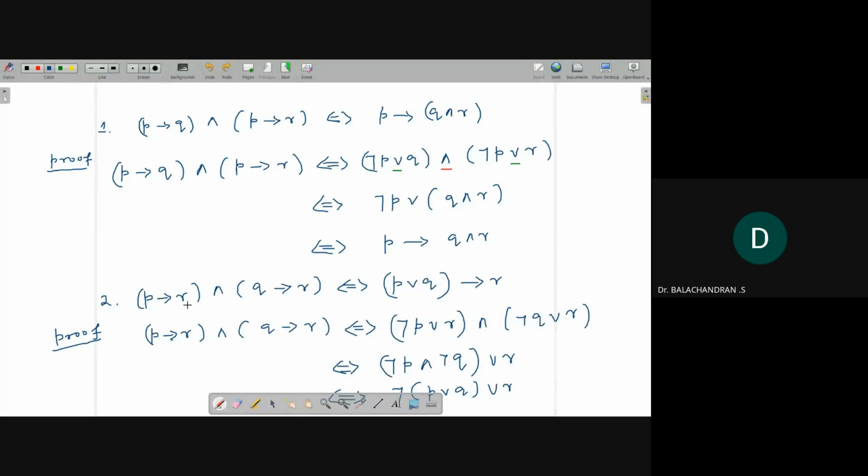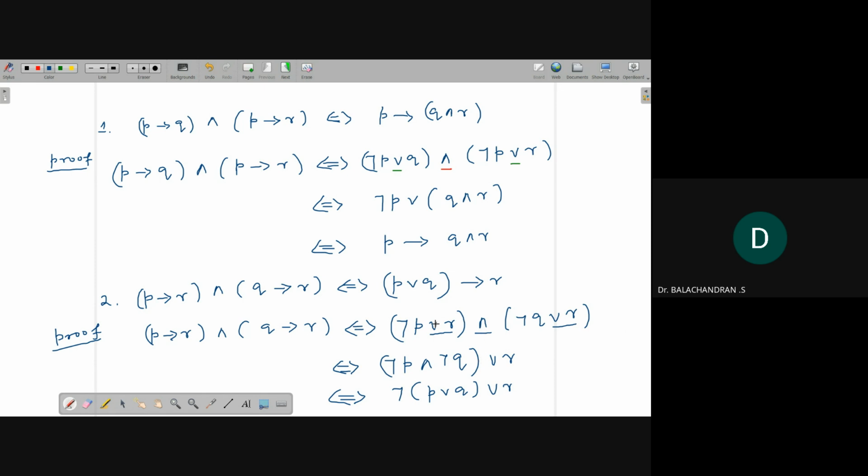Second result, P implies R and Q implies R is equivalent to P or Q implies R. So I will take the left hand side. P implies R is equivalent to negation P or R, and Q implies R is negation Q or R. Okay, again here you can see R and R. So again I'm going to use a distributive law.